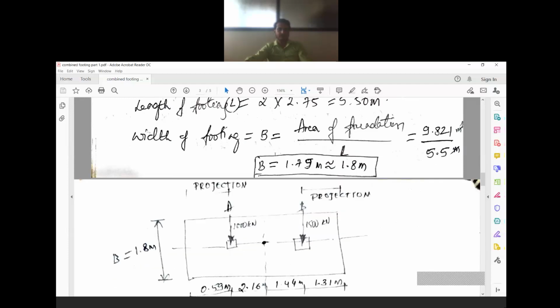To get the width of the footing, that is B, area of foundation divided by total length. The area calculated in the first step, 9.821 meter square, divided by 5.5. So the width of the foundation is 1.79, which we have considered as 1.8 meter.